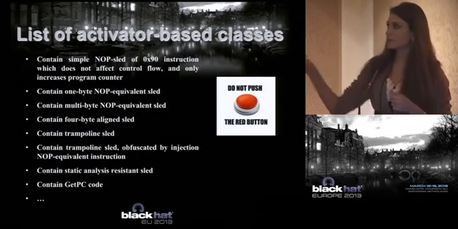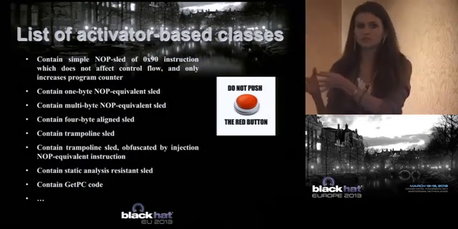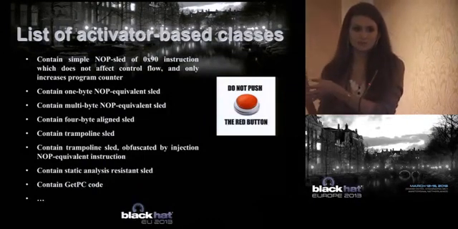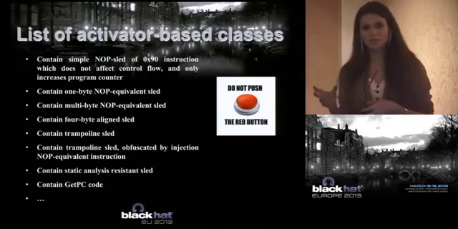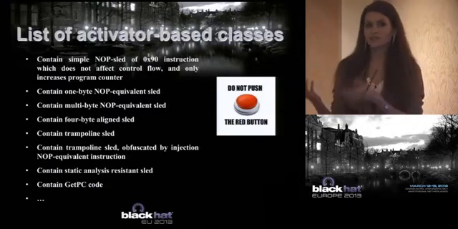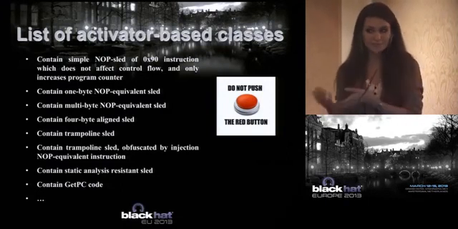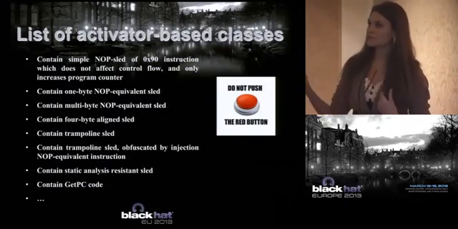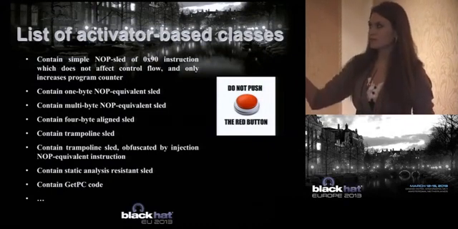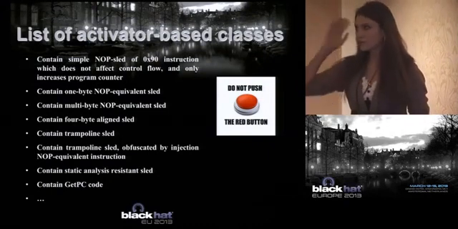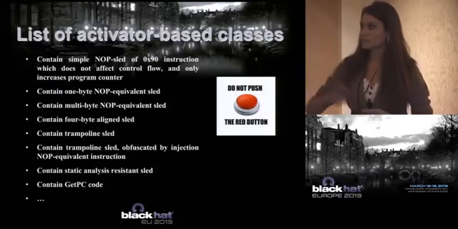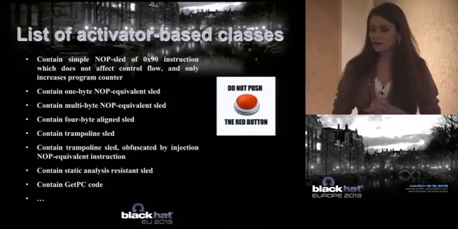We could have classes of shellcodes which contain only shellcodes with an x90 NOP sled. A NOP sled could be smarter and more difficult to detect. So we could have classes of shellcodes which contain 1-byte NOP equivalence length, multi-byte NOP equivalence length, and so on.